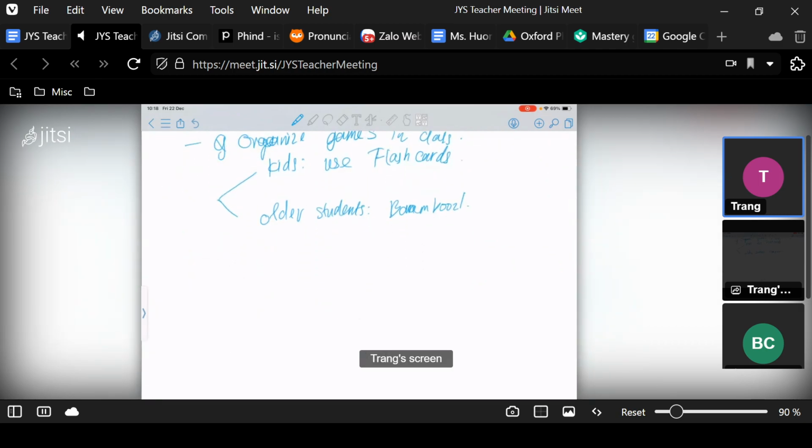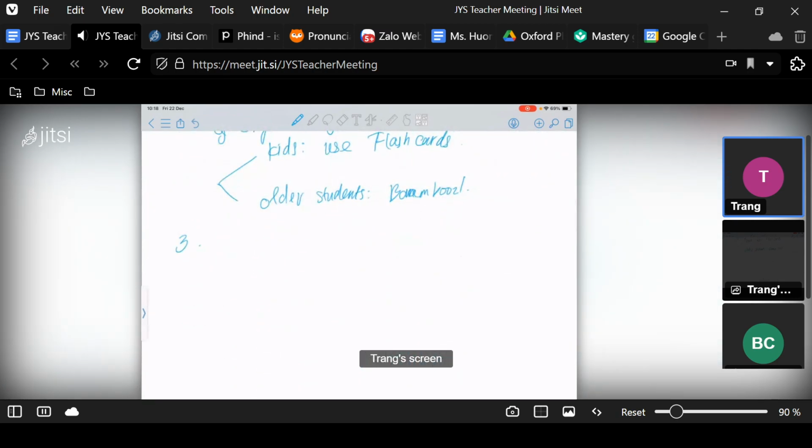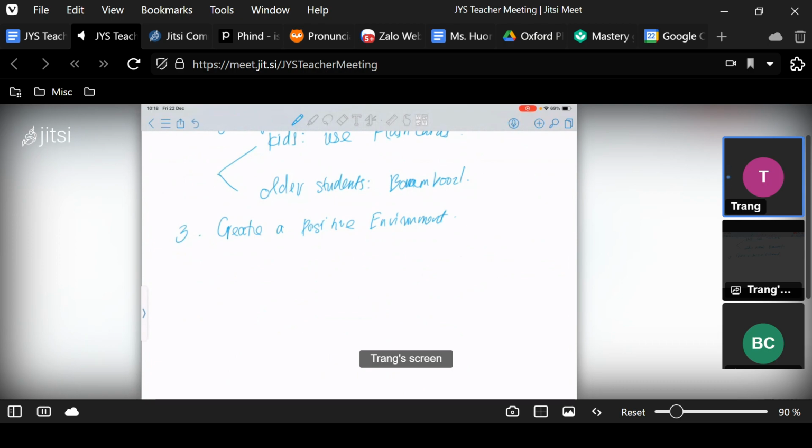This is the second thing, and let me move on to the third. I want to share about creating a positive environment. To talk about this one, we have to establish clear expectations.